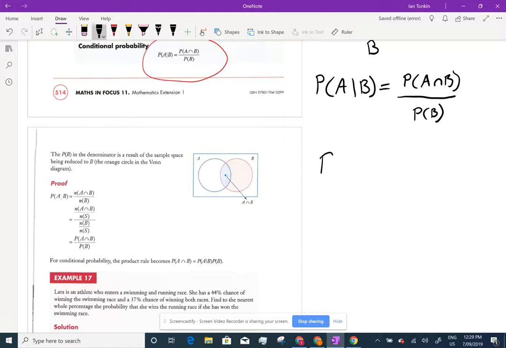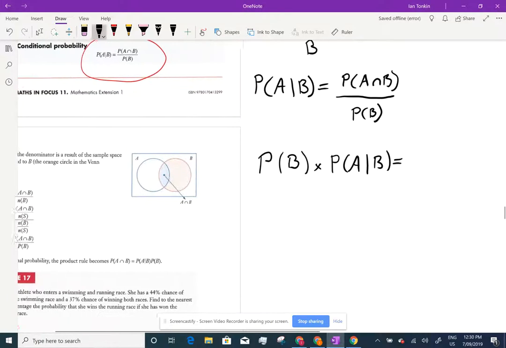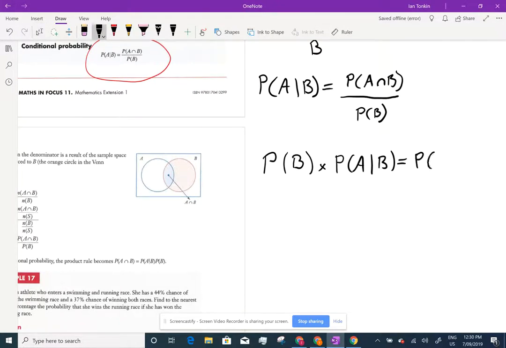So I can go PB, the probability of B, times the probability of A given B equals the probability of A and B. Because it's just an equation. If I multiply that PB over to here, that's that rule.